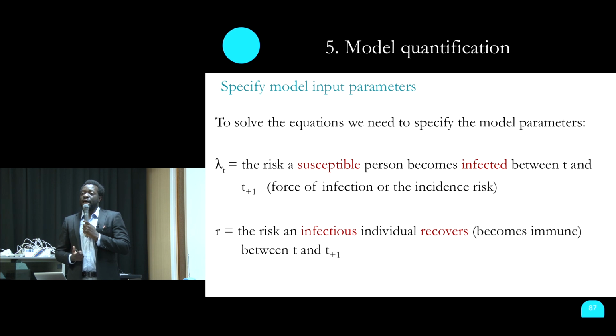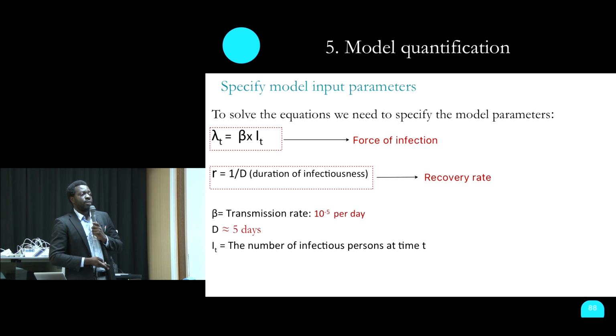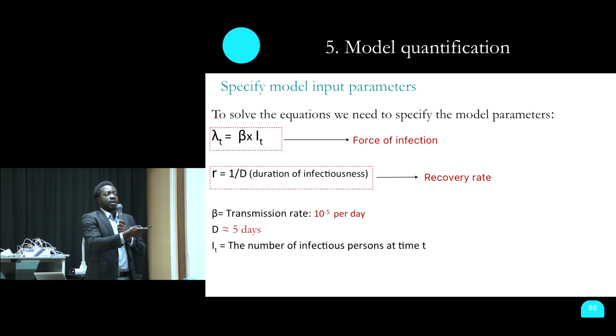This process of quantifying the parameters is called model quantification. Most of the time, you will find the information in the literature review, at the beginning. You want to know what the R naught is, what the risk of transmission is, as well as the risk of recovery. For example, remember the force of infection is the transmission probability times the number of those who are infectious in that population.